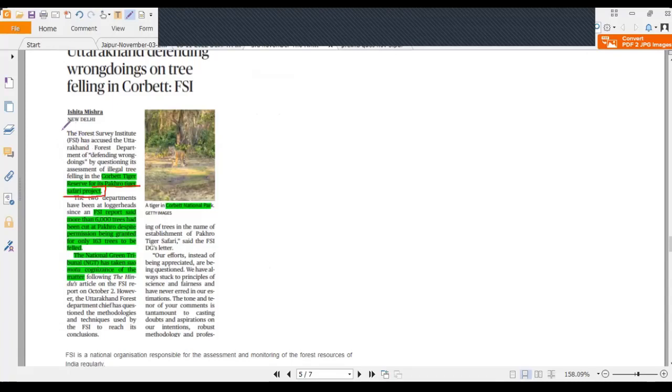Forest Survey of India claims that more trees have been cut down as against the number of trees that were assigned for, which states that around 163 trees were officially allowed and 6,000 trees were cut in reality.